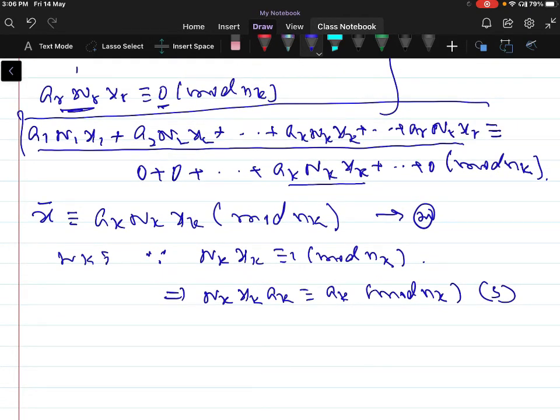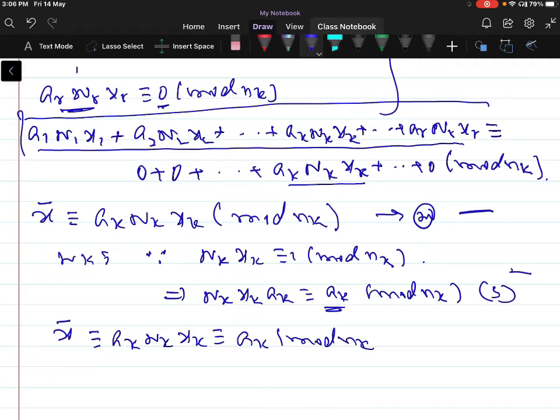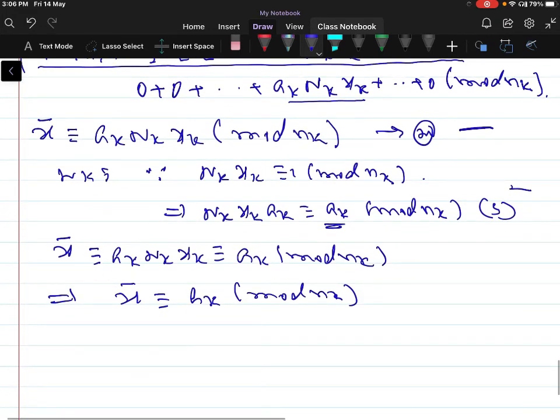From equations 4 and 5 you can write x bar is congruent to ak nk xk, which is congruent to ak modulo nk. So x bar is congruent to ak modulo nk. That is equation 6.